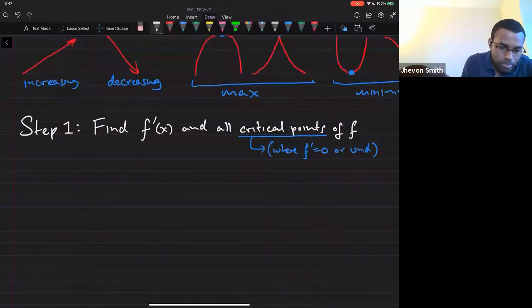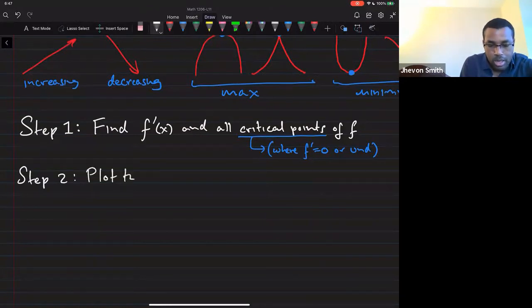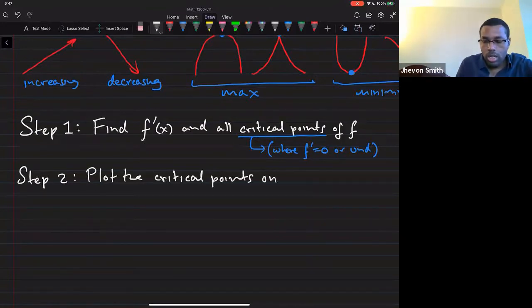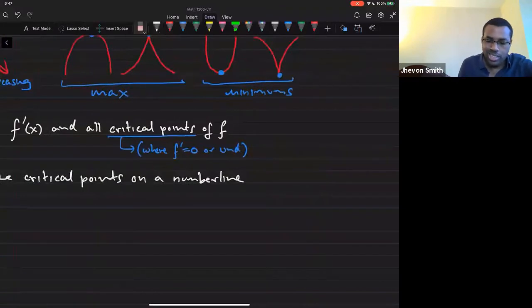The second step, plot the critical points on, say, a number line. There are various ways to actually do this, but I think this is the nicest way.